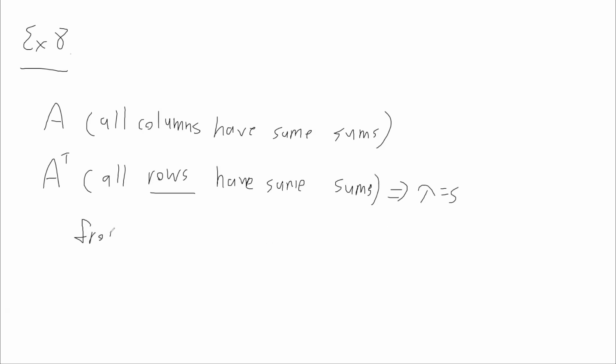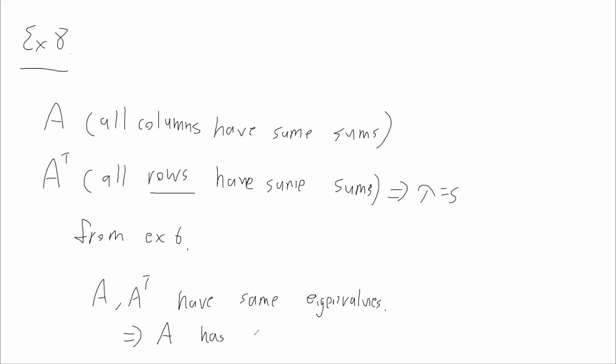And from example 6, we know that A and the transpose of A have the same eigenvalues. Combining this, the transpose of A and A have the same eigenvalue, which is S. Therefore, A has eigenvalue lambda equal to S. So for example 8, there is no proof needed.